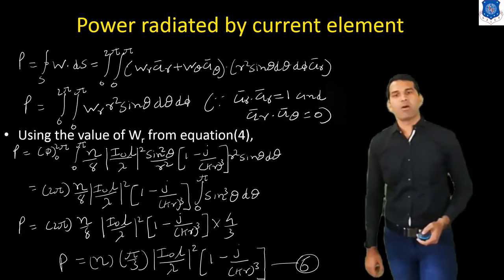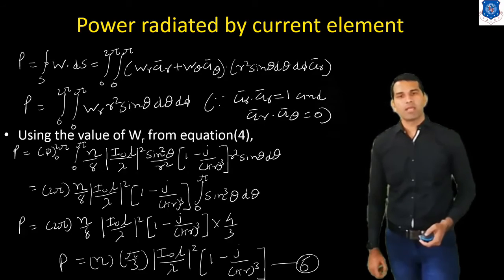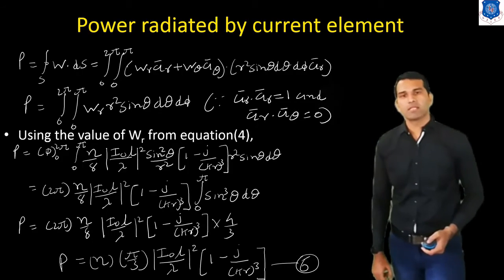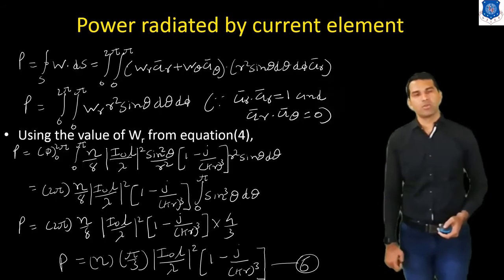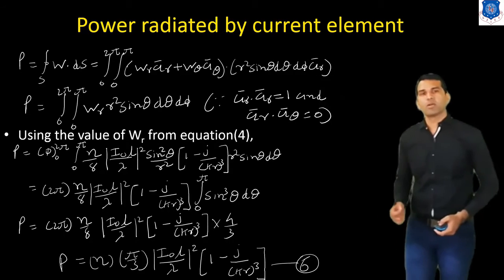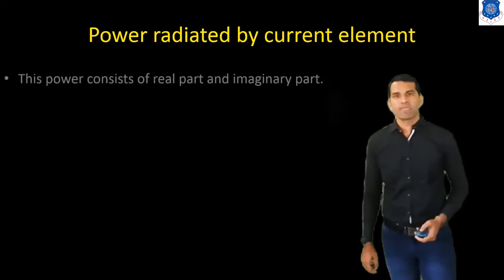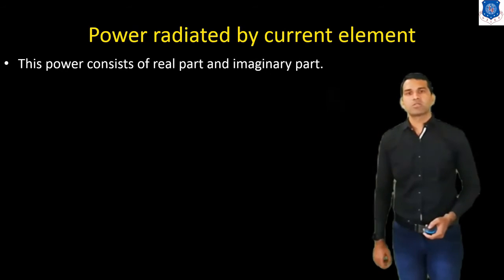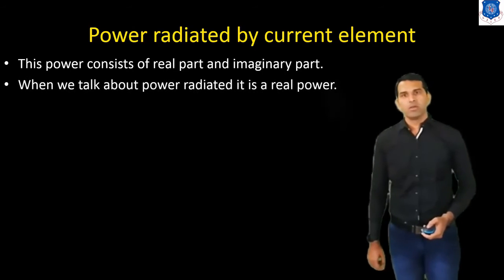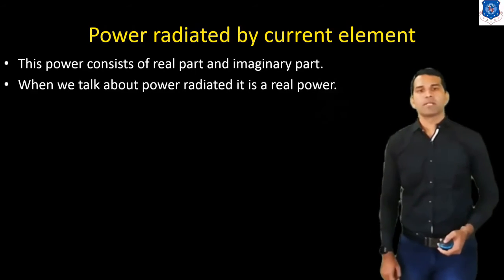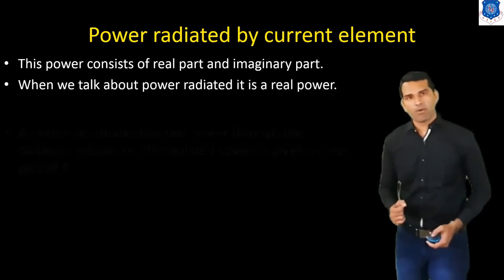So we get the power P = η π/3 (I0 L/λ)² (1 - j/(kR)³). This is the value for the power P. This power consists of a real part and an imaginary part. When we talk about the power radiated, it is the real power.